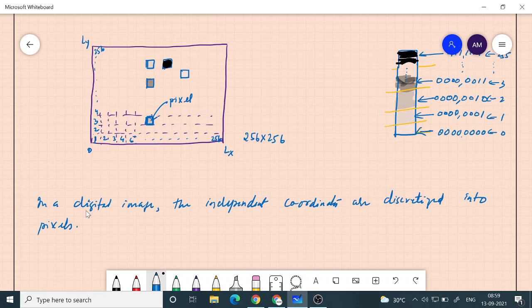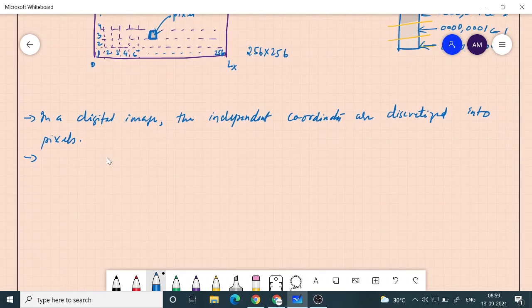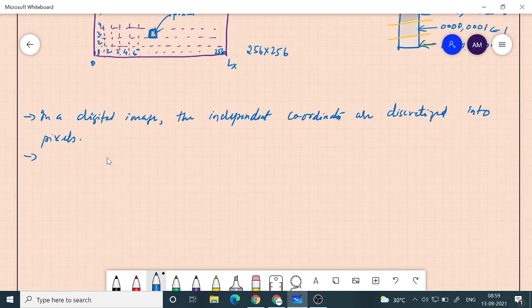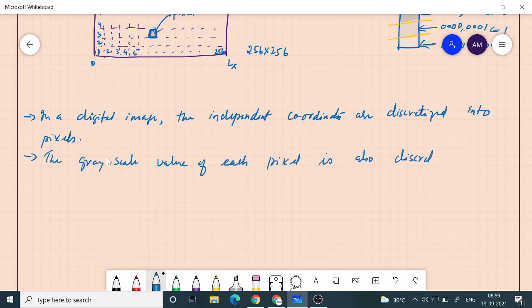That is the first thing. And the second thing is that the grayscale value of each pixel is also discretized.